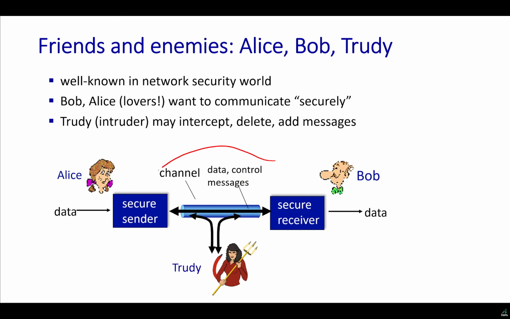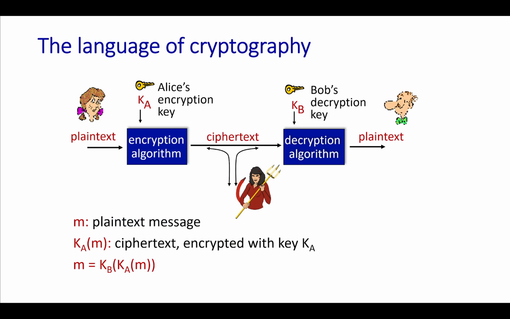So Alice and Bob don't know what is happening in the network once the packet has left their device. So anything can happen there. Trudy can intercept, delete, add messages. So there's no guarantee. So what you need is some kind of tools, let's say.